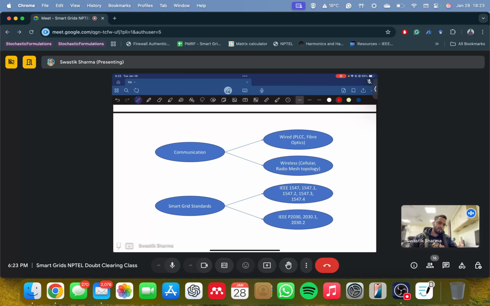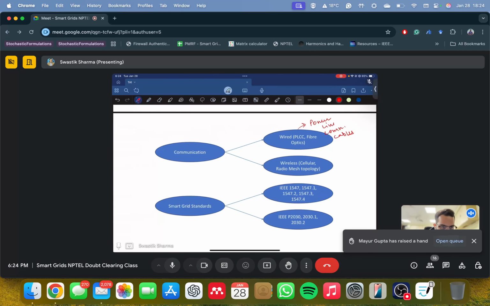So there are two kinds of communication system: one is wired, one is wireless. In wired you have power line communication cables and fiber optics.